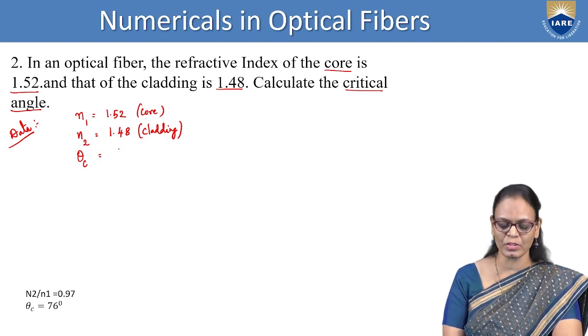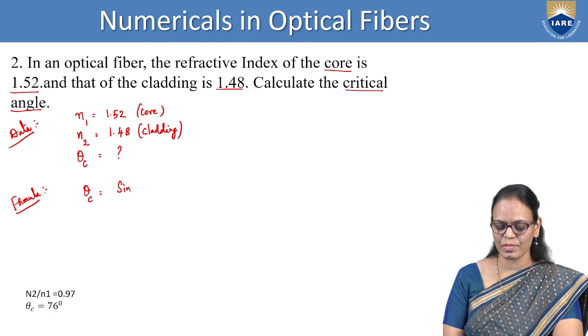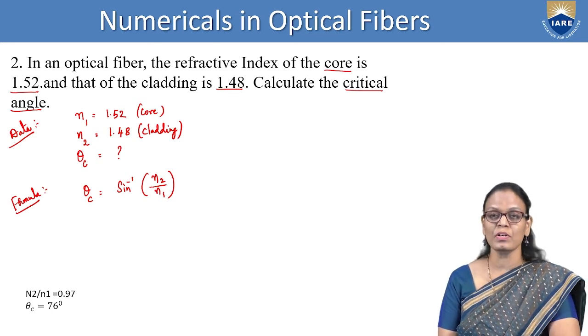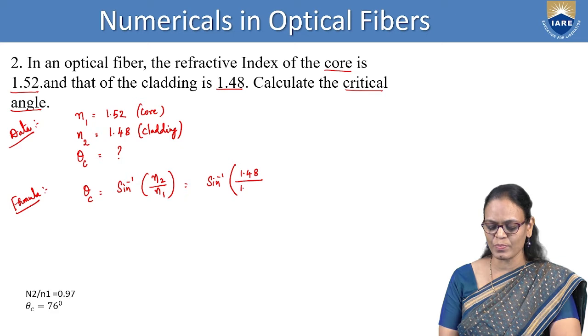So theta C is equal to how much? Critical angle. So let us write the formula. Very simple formula we have. Theta C is equal to sine inverse N2 by N1. Refractive index of the cladding upon the refractive index of the core. N2 is 1.48 and N1 is 1.52.